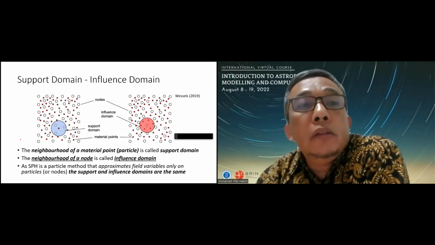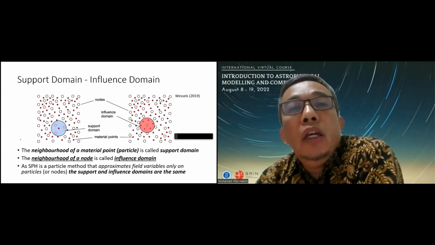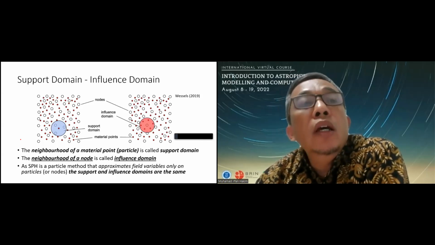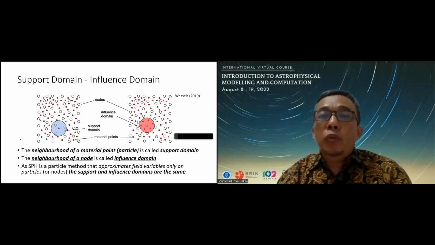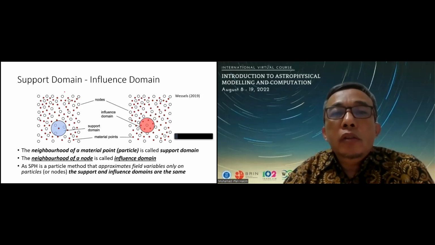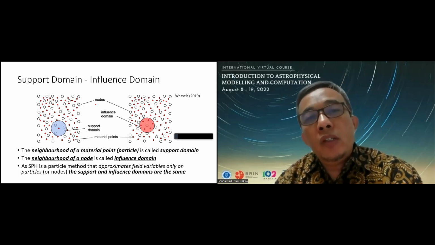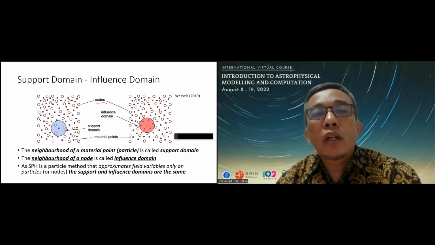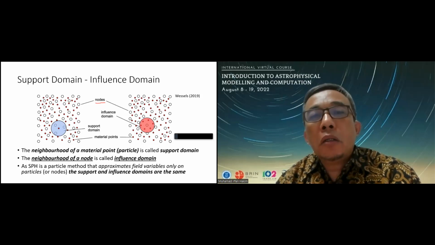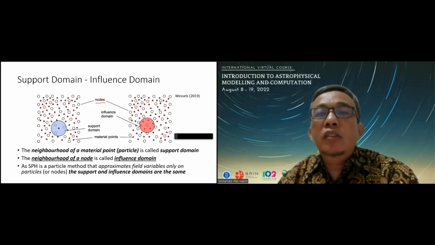Other keywords in SPH are about domain and influence. Support domain and influence domain. In the previous session, we used the term nodes here, but in these nodes, there are no particles.